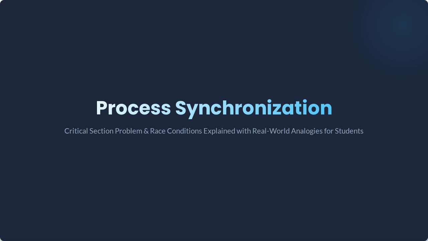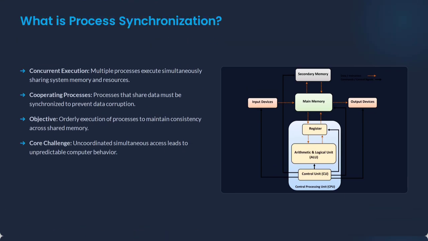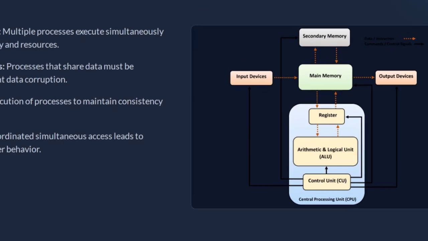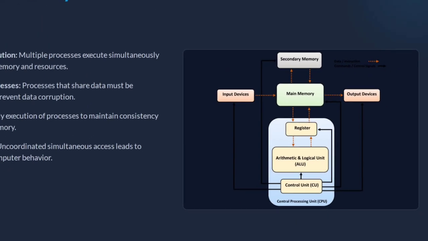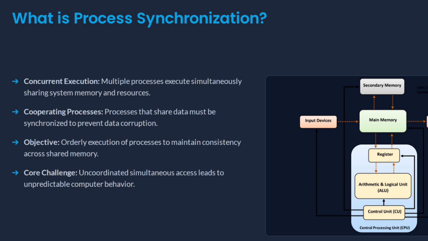Process synchronization is needed to define independent and cooperating processes. A key point: an independent process does not share data or memory with any other process, and its execution does not affect others.